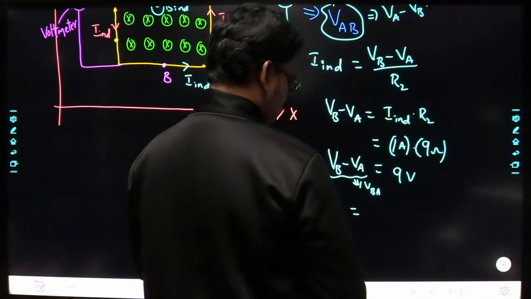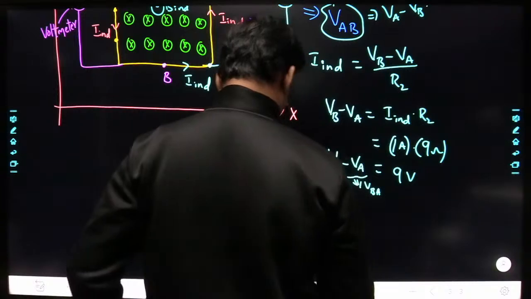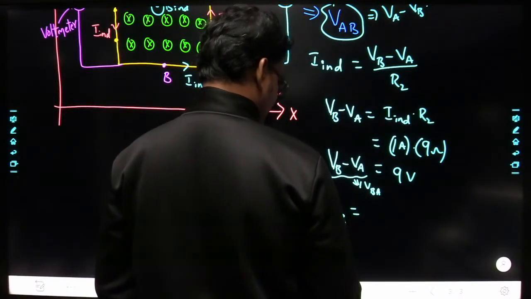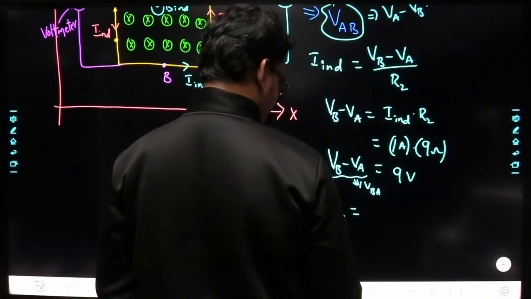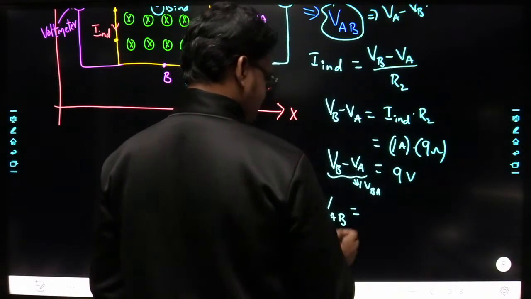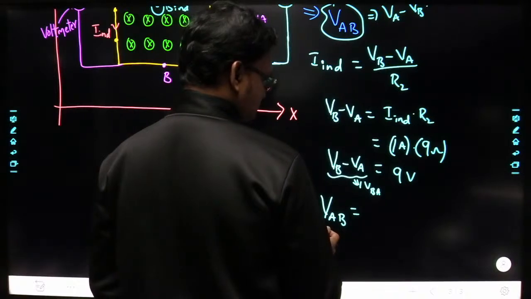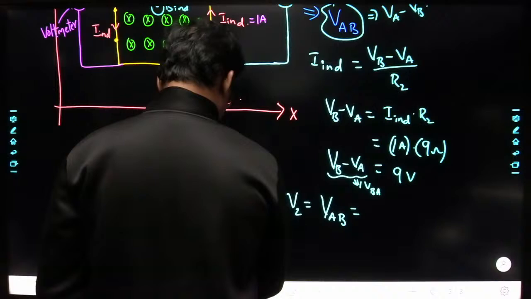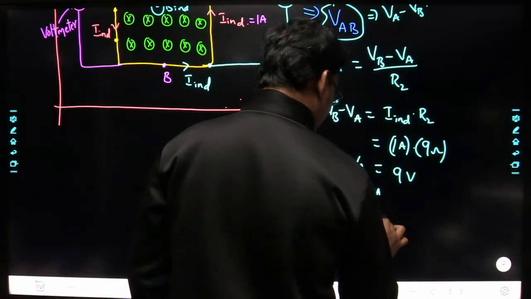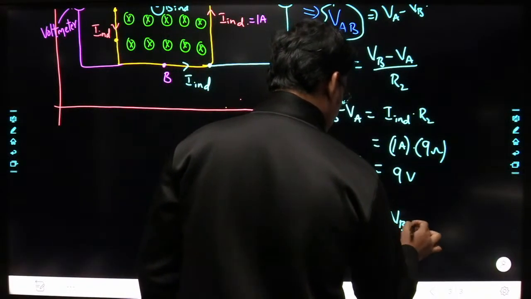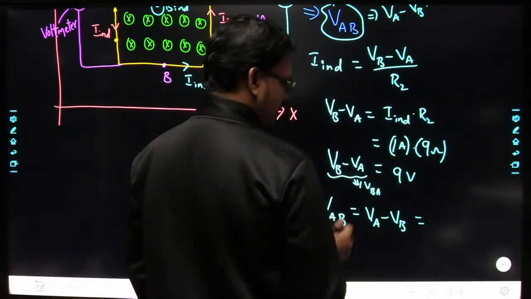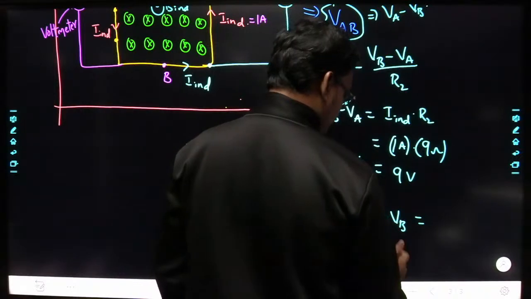So V2 is equal to VAB, which is equal to VA minus VB. So that is equal to VB minus VA is 9 volts. So VA minus VB will be how much here?